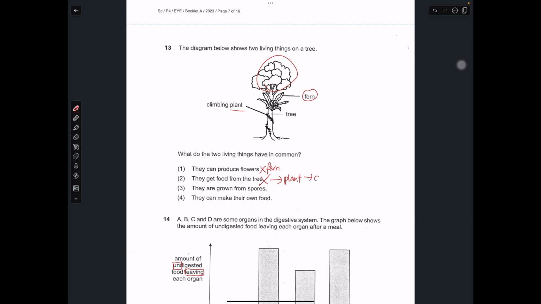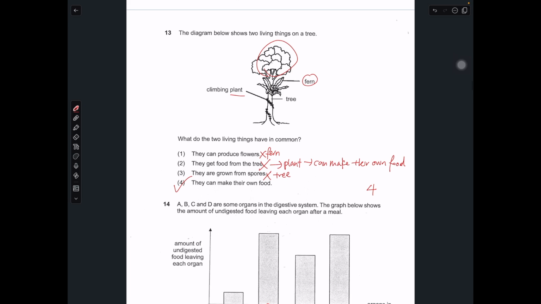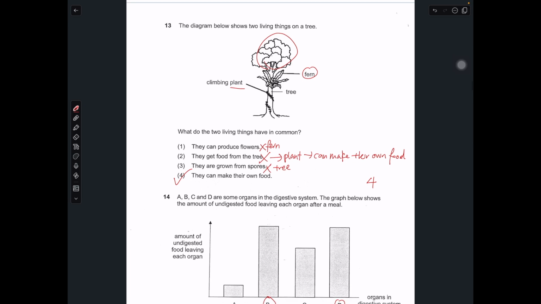All of them can make their own food. They don't depend on others for food. They are grown from spores? No, not the tree. The tree is more likely to be a flowering plant. The fern, yes. So the answer must be number 4. Answer is number 4 for question number 13.